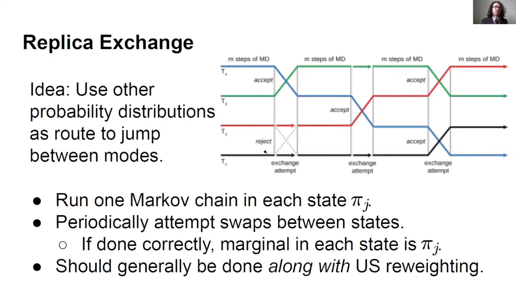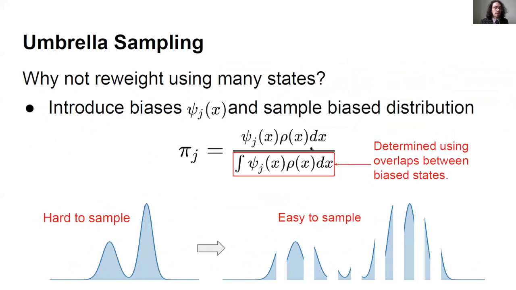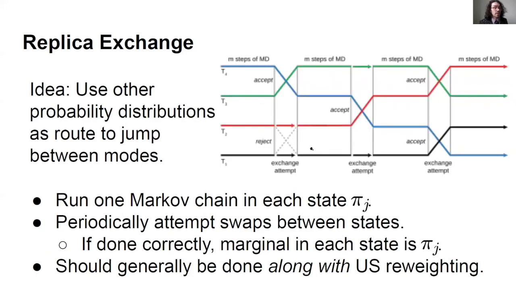So the marginal in the beta 1 simulation is exactly my original density. People often just take that marginal for their sampler, but you should really use the same reweighting procedures from over here and use all your data when you're doing Replica Exchange.